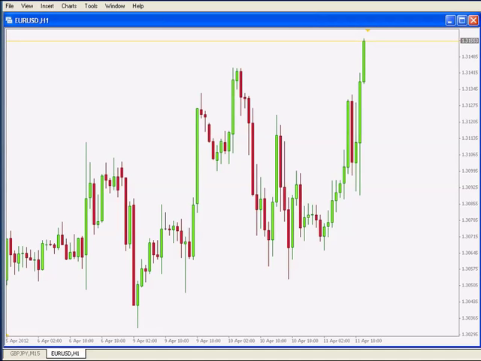Alright, I figure it's probably better to make my point by actually showing you an actual chart. We are now looking at the euro against the American dollar, 1 hour time frame, but what I'm about to explain can be equally applied no matter the currency pair and no matter the time frame.